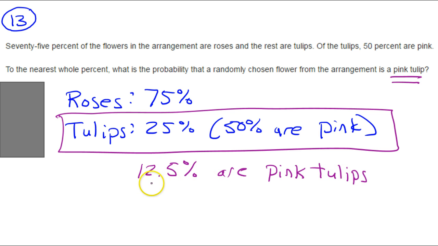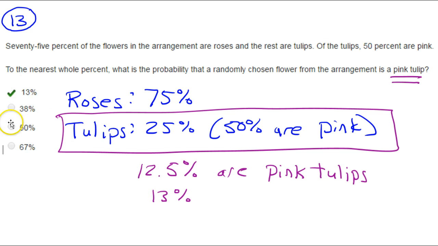Okay, which should round to 13%. All right, let's not make it more complicated than it needs to be.